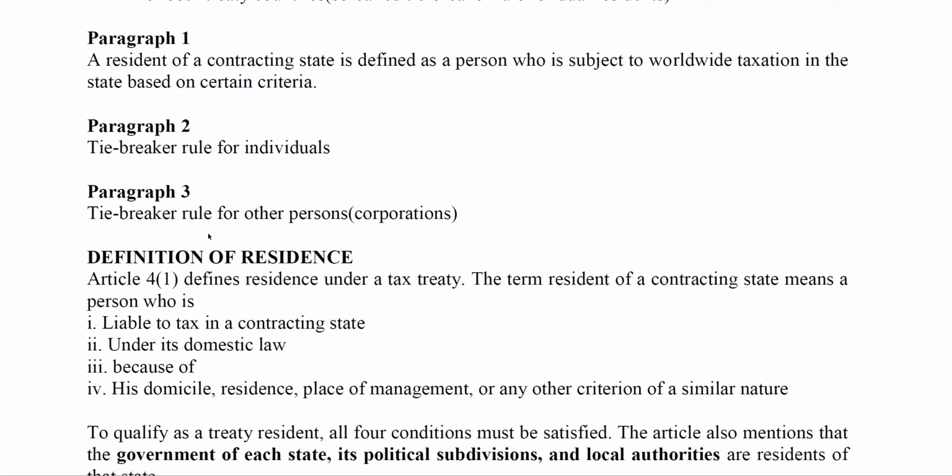Or where it is a company which is dual resident. Do you get it? Have this at the back of your mind. When you have this at the back of your mind, it will make everything easy for you when you are dealing with residents.